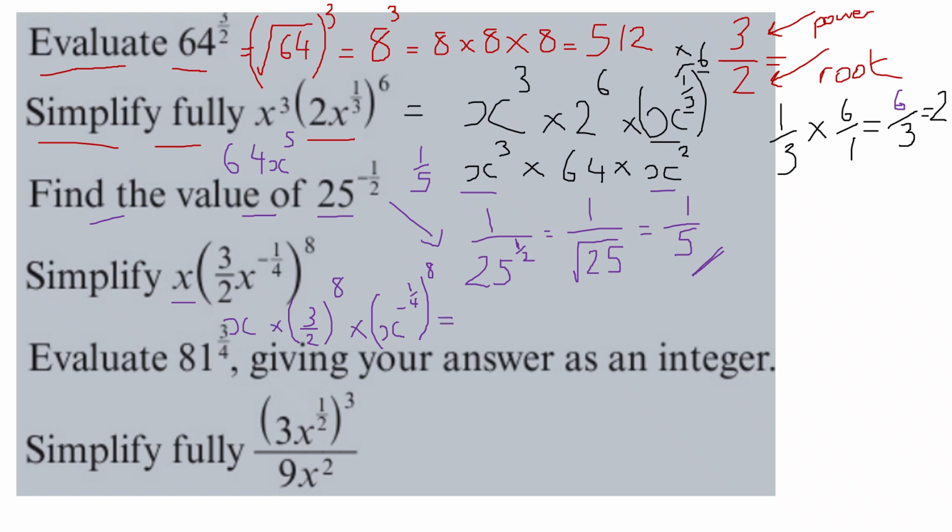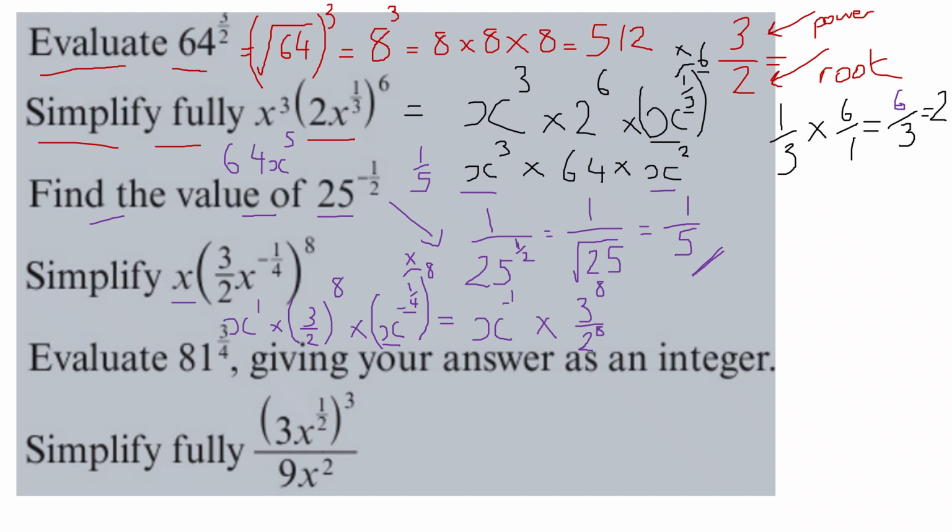So again, let's tidy it up. Here I've got minus a quarter to the power of 8. So I'm going to multiply the powers, so that would be minus 2. So we've got x to the power of 1 plus minus 2, so it'd be x to the power of minus 1 there. And now, 3 halves to the power of 8 means I do 3 to the power of 8 over 2 to the power of 8.